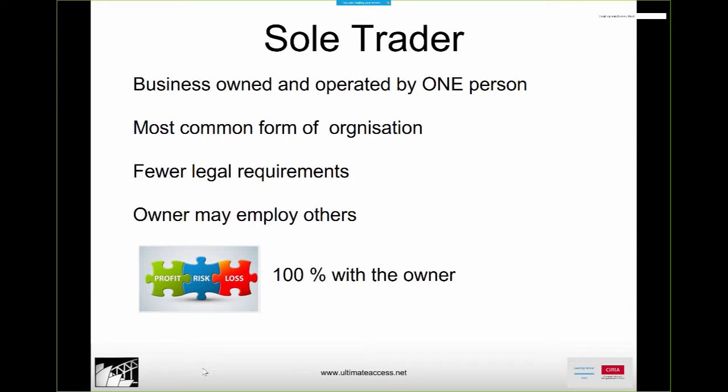Most common form of organization. Fewer legal requirements. The owners may employ others. Now, as you know, it's very easy to start as a sole trader, and therefore it is one of the most common forms of organization. You don't have to fill in a lot of forms, etc.